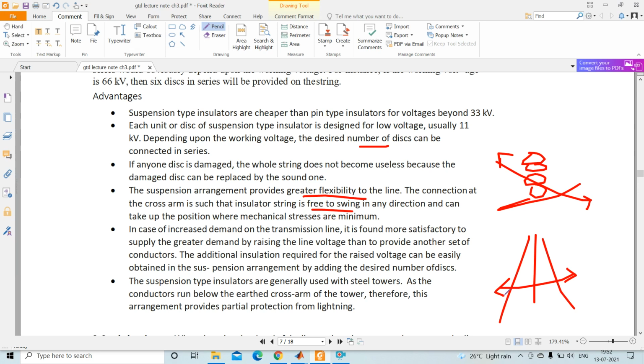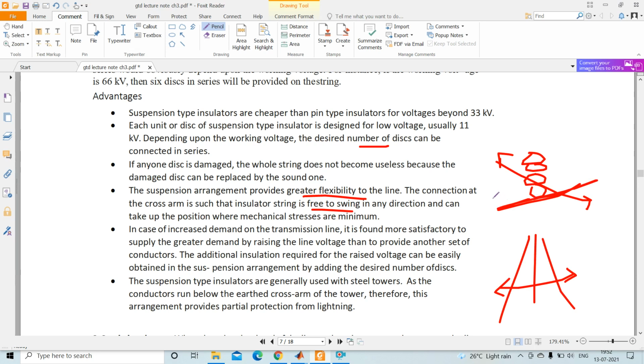Okay, so in case of increased demand on the transmission line, it is found more satisfactory to supply the greater demand by raising the line voltage than to provide another set of conductors. See, it is my one conductor. If the line voltage is increased, then what do we do?